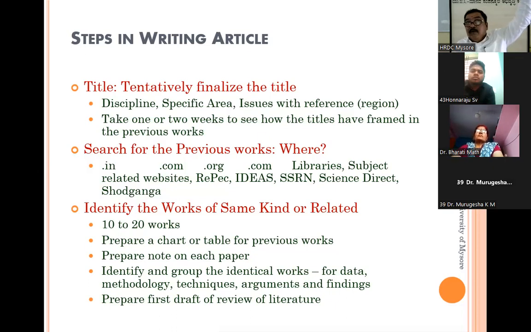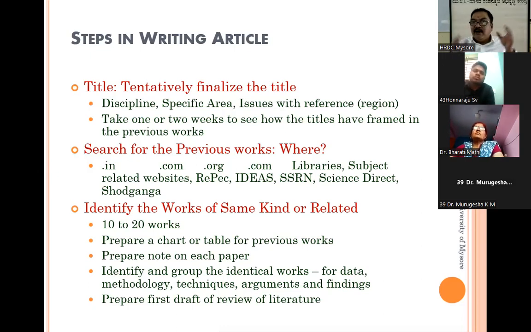So like that, from a discipline-specific area, you identify the issues, and that will help you to write the title tentatively. You can take 1 or 2 weeks, but finalize your title. You can discuss with your friends, with your colleagues, and with your seniors, or with your guide if you are doing research under one, and finalize a title.